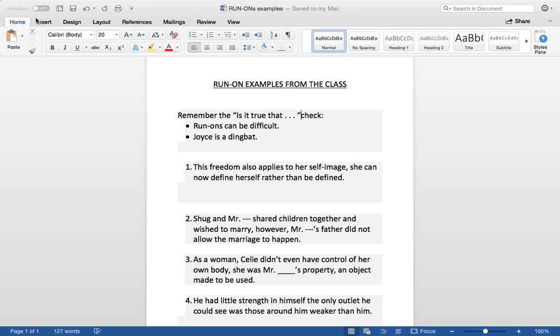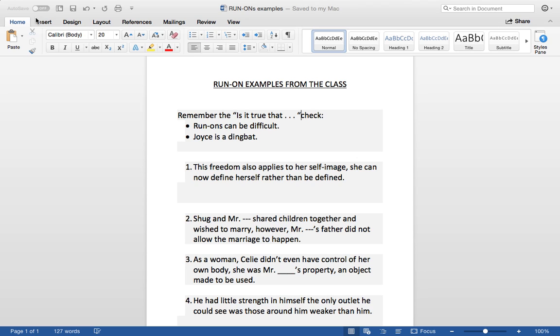Well, over the years, I've also learned that part of the problem with identifying run-ons is that sometimes students aren't even sure if a sentence is a sentence, right? So if you're having problems with that, or you're not sure, there's an easy little check that you can do. And I totally stole this from the Writing Center's tutorial on fragments.